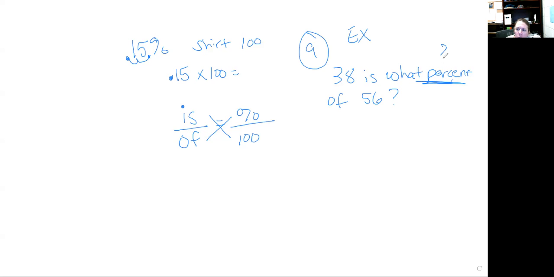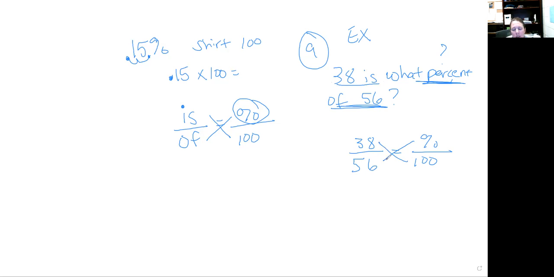So we're looking for the percent. So we're looking for this spot, okay? We're looking for the percent, and we know that's over 100, right? Percents are always out of 100. And of 56, so the 56 is going to go on the bottom, and then 38 is going to go on top. So you look at the wording here and where the words go with the numbers. And then this is an easy, simple problem.